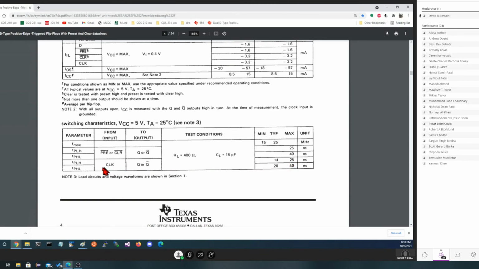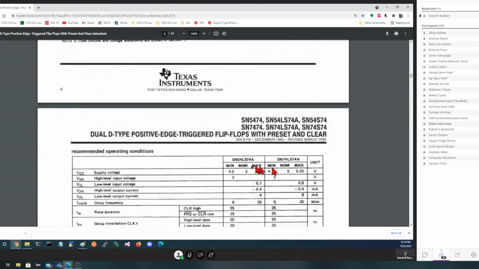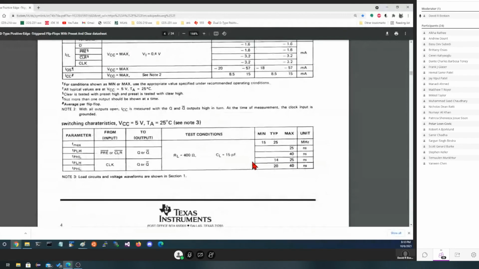And it's a different time if we're changing from low to high than it is from high to low on Q. So the propagation delay with the clock, changing this signal from low to high, is going to be, well, in this case, they're the same. No, they're actually not, because we have low to high here and high to low there. One way it's going to be typically 14, the other 20. So those charts. Now, if you keep going in the charts, what you're going to find is the same data repeated again, but for a different chip. So you have to know when to stop when you're looking at this data.